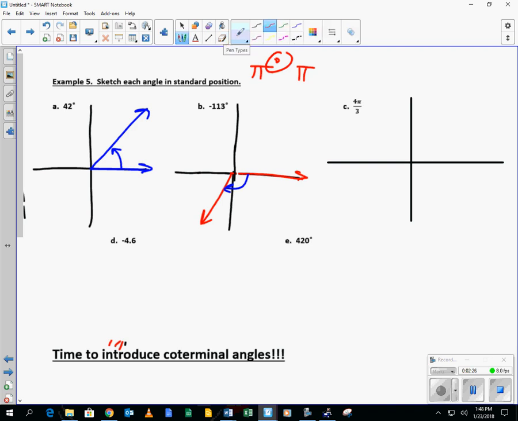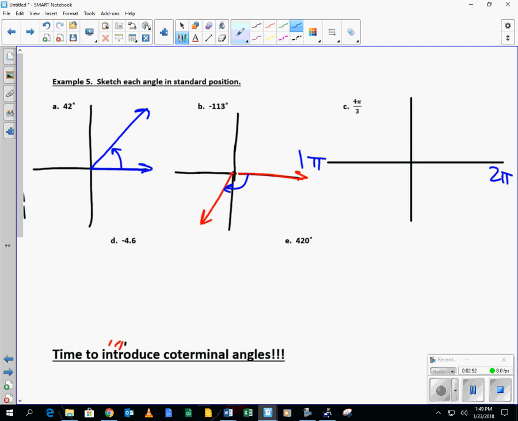So 4 pi over 3. Now, some of you did the conversion in your brain. You came up with how much? 240, because pi over 3 is 60, and 4 of those is 240, so good for you. But if you didn't know that, you can also think of this as 1 whole pi. Is 4/3 pi more than 1 pi or less than 1 pi? It's more than 1. Is it more than 2 pi or less than 2 pi?